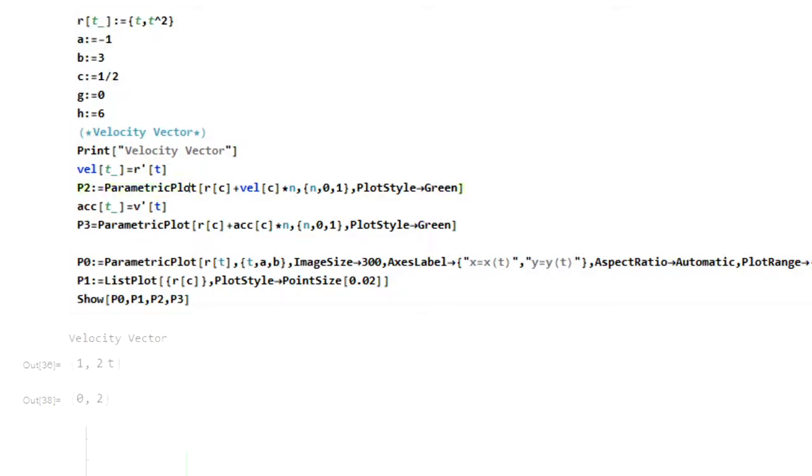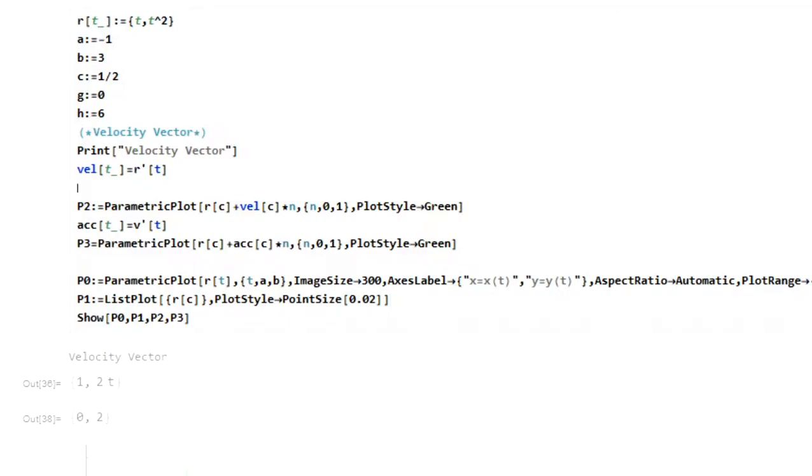All right. And something we might consider doing also is actually printing in there the velocity vector at t equal to, and then you can actually call up the value c in that print, and that's kind of nice.